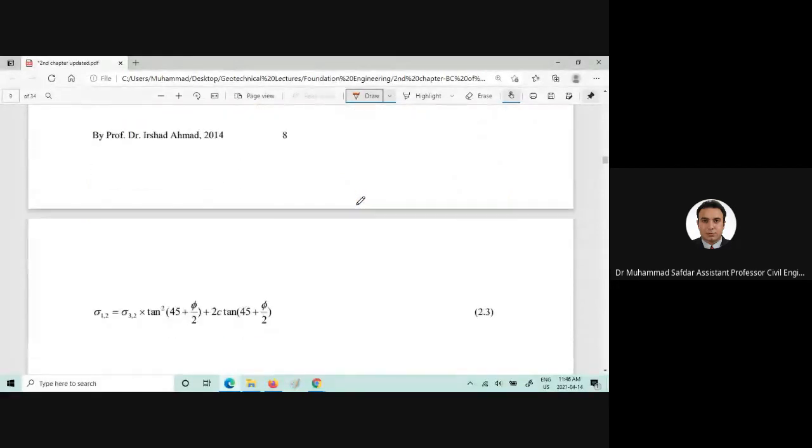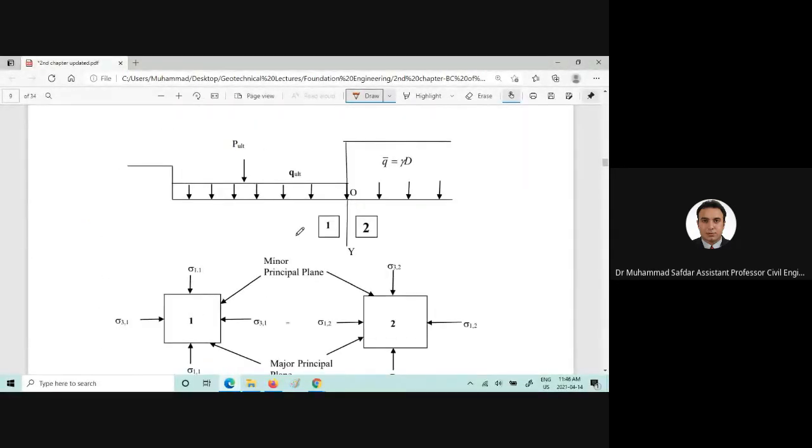Now here is a foundation. This is the ground surface. This is the foundation here. The load is applied, P ultimate, and the pressure applied on top of that footing is the Q ultimate.